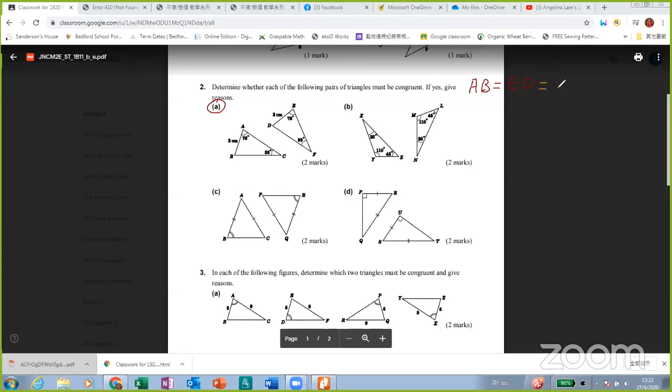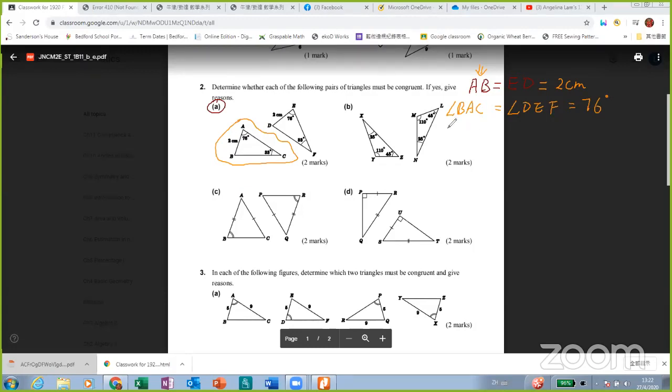If we have the length, we can write it down, 2 cm. And then if this one is referring to this triangle, the next one, you write angle BAC equals angle DEF, which is 76 degrees.